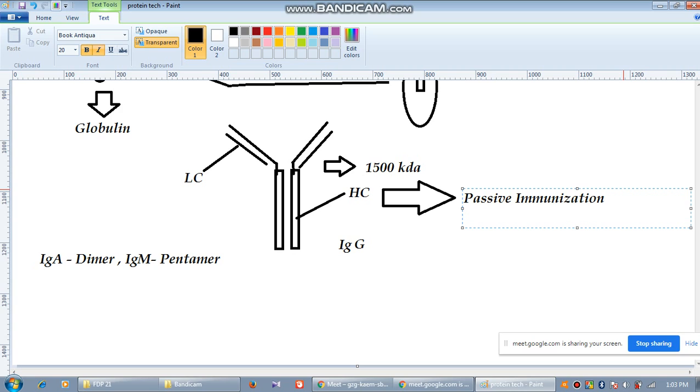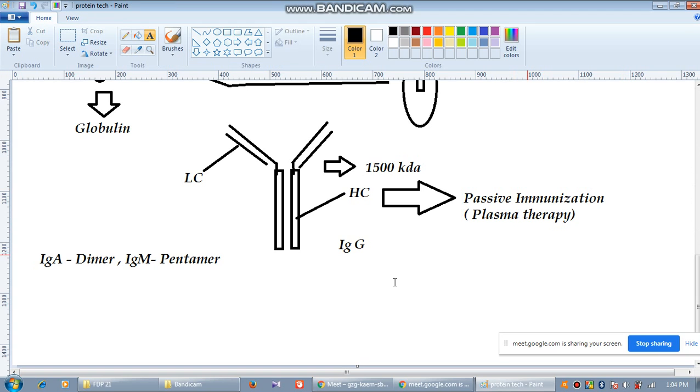For example, there is a patient who is not responding to any medicine against COVID. Okay, so what option do you have? You give them plasma therapy. Now what is plasma therapy? Plasma therapy is nothing but you take the plasma.